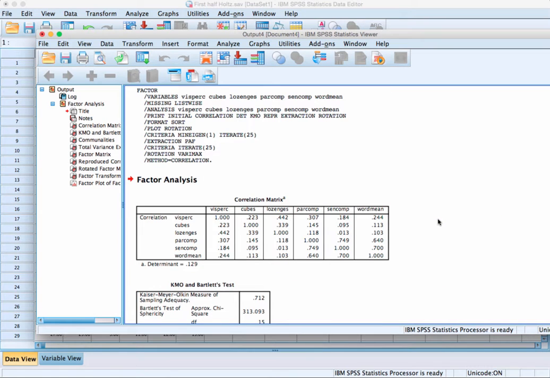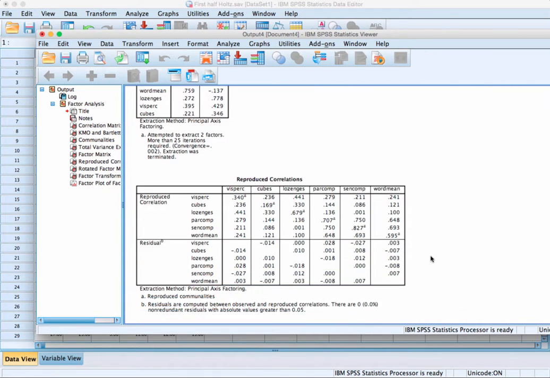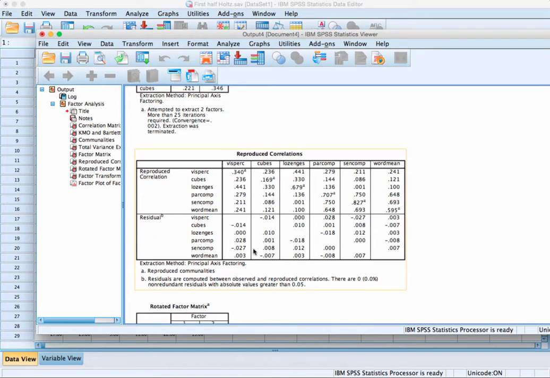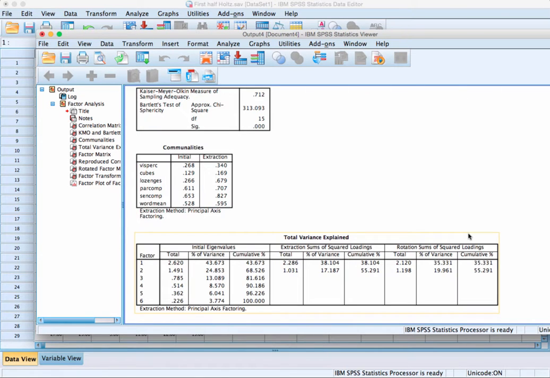So if you go up here, you can actually see what the observed correlations are from the data that was analyzed as compared to the estimated correlations. And so you can see our estimated correlations, there's very little difference between the observed and our estimated based on our model. Now let's go back up to the communalities.